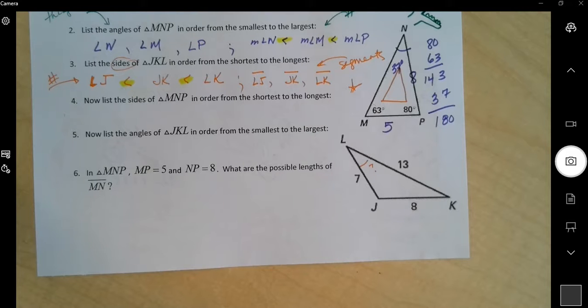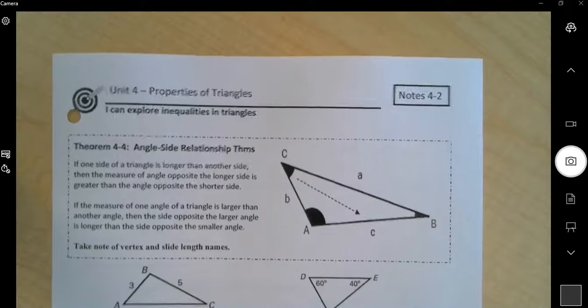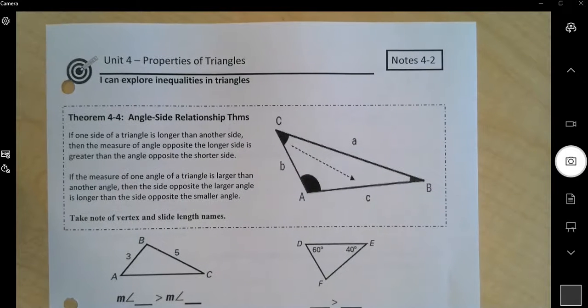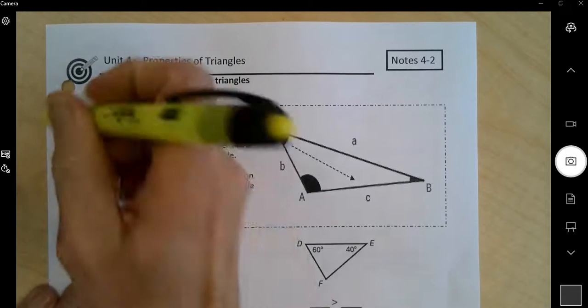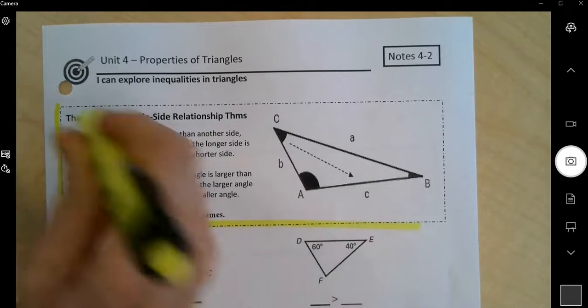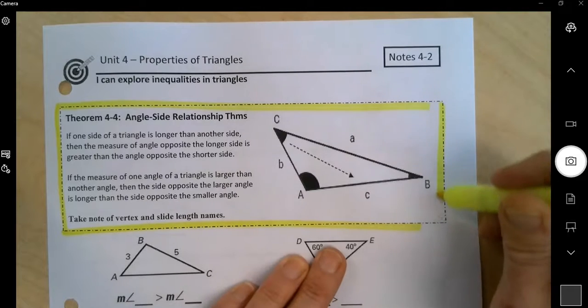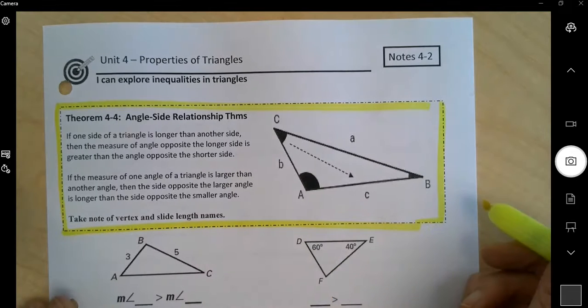Take a look at the notes I just passed out to you. Notes 4-2. Do me a favor and to yourself read our first theorem of the day. Angle side relationship theorems. They go like this.